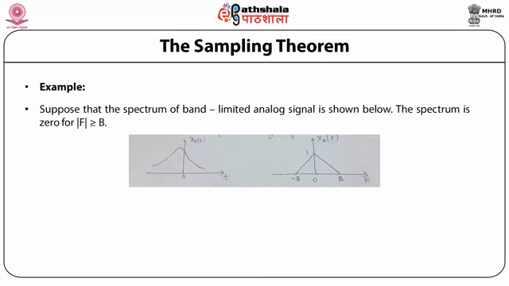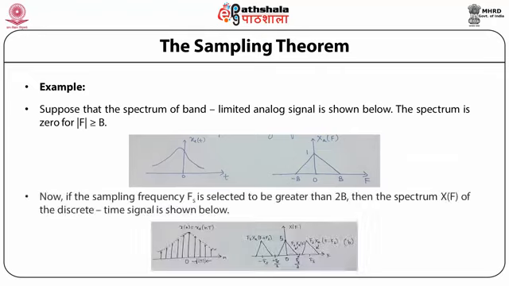Suppose that the spectrum of a band-limited analog signal is shown below. The spectrum is 0 for modulus F greater than or equal to B. Now, if the sampling frequency fs is selected to be greater than 2B, where 2B is the Nyquist rate, then the spectrum X(F) of the discrete time signal is shown in this figure.